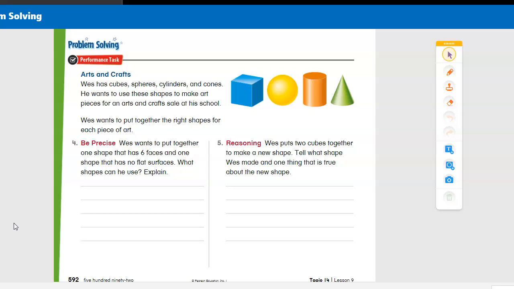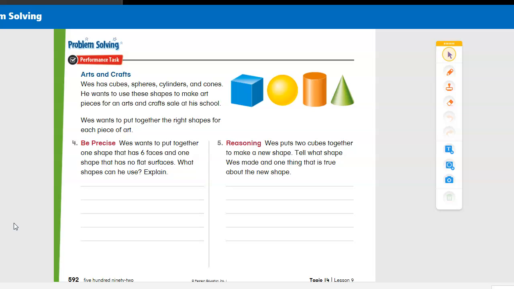On number 5, it says Wes puts 2 cubes together to make a new shape. Tell what shape Wes made and one thing that is true about the new shape. All right, boys and girls, so in number 5, if Wes takes 2 of those blue cubes and either stacks them together or puts them side by side, it now becomes a new shape.